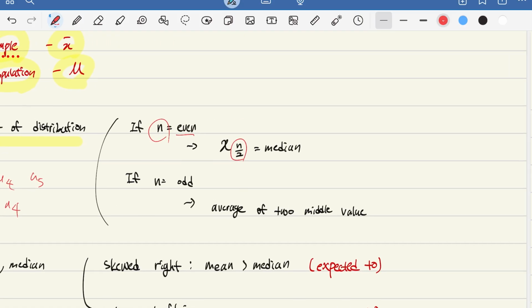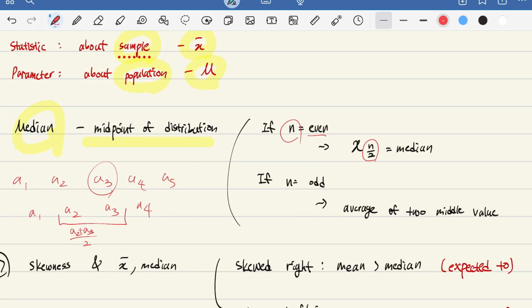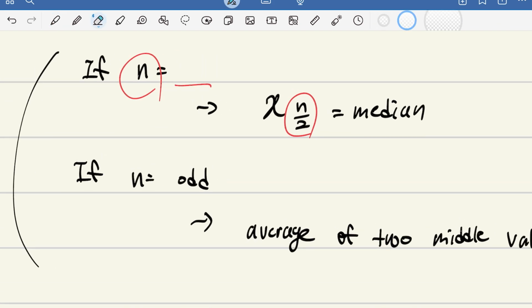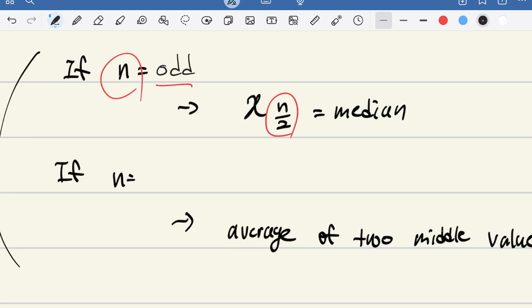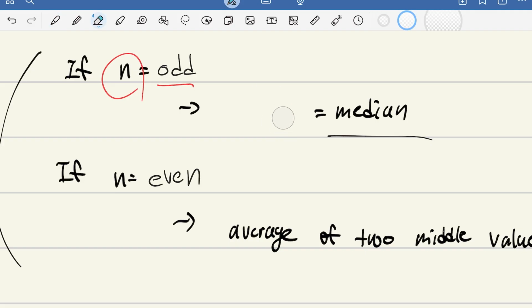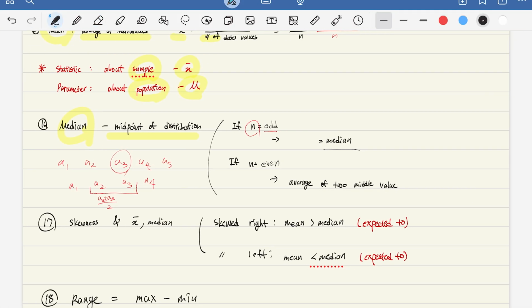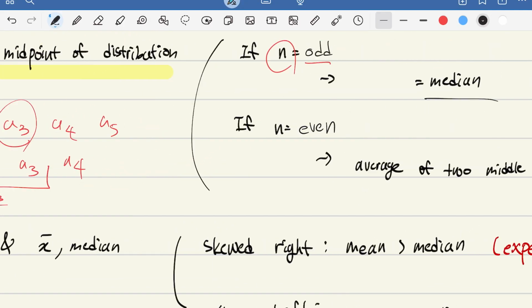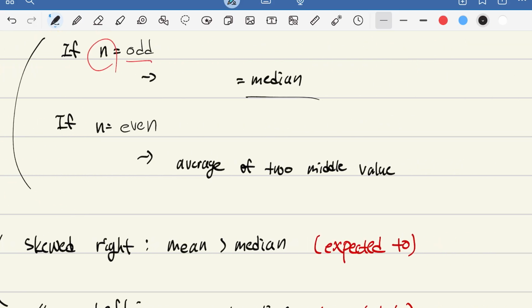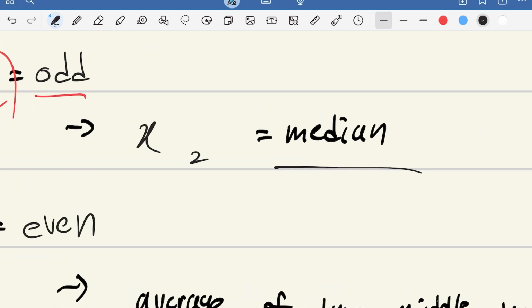I think I wrote this note wrong. This should be the opposite. My bad. When n is odd, this is the median, and when n is even, this is the median. And this expression is also wrong because we're not dividing n by 2. When there's n number of values, then x of (n plus 1) over 2 would be the median.